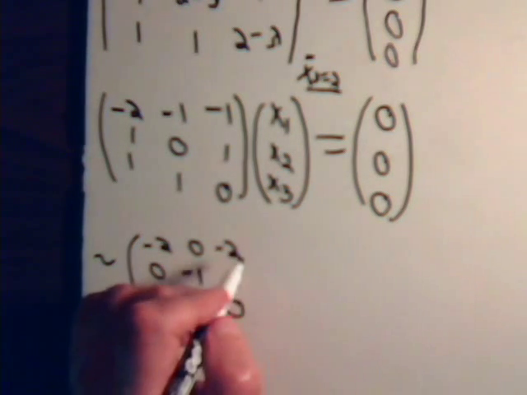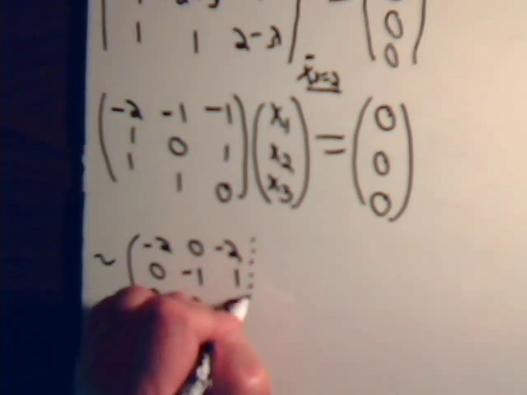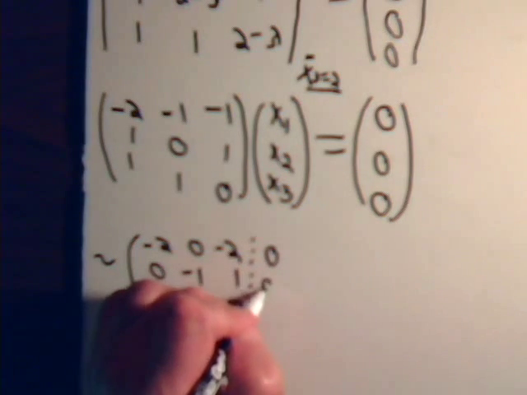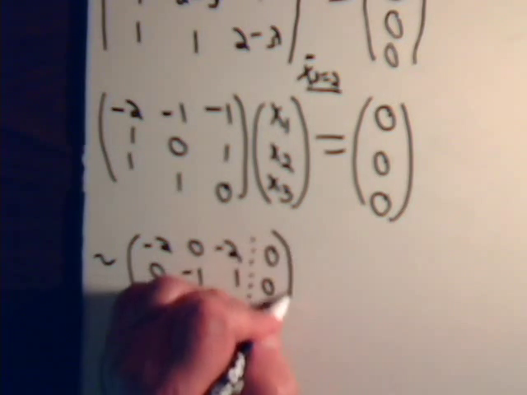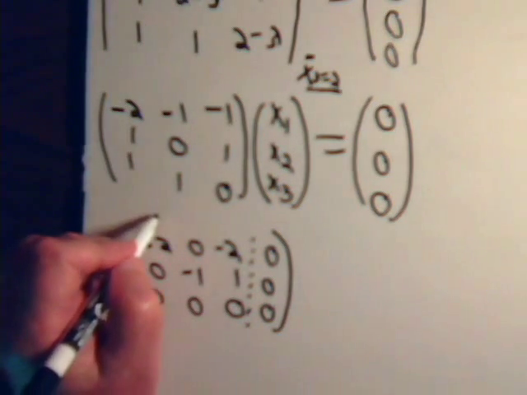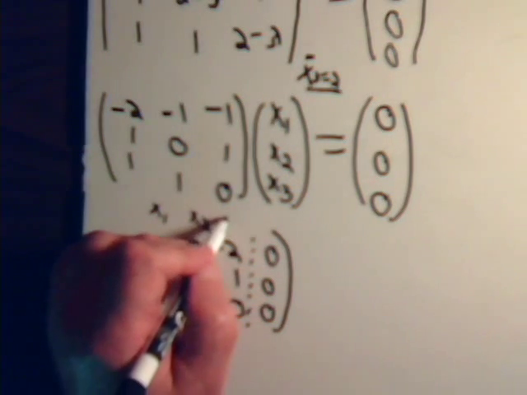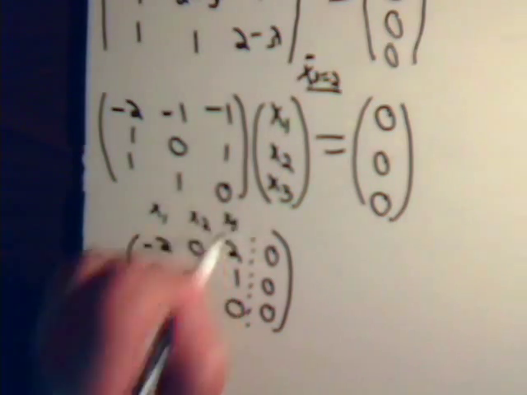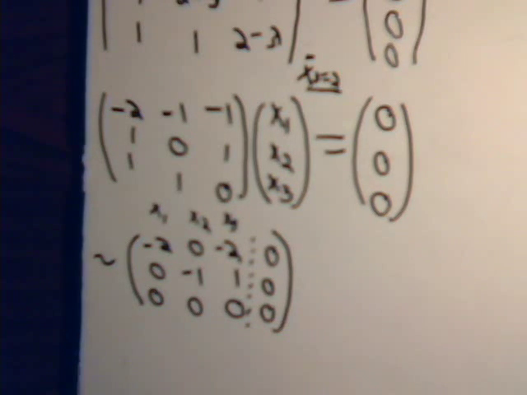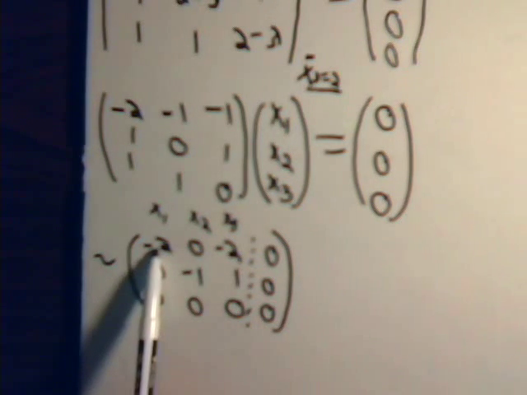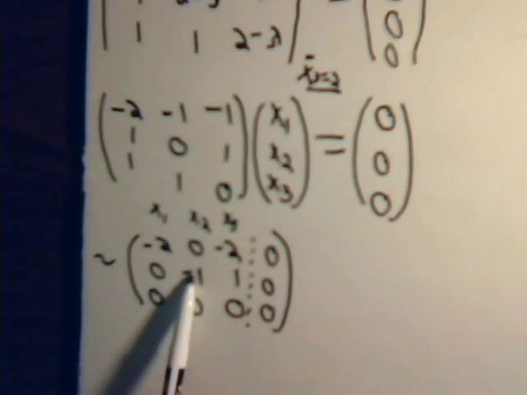And write the whole thing as an augmented matrix. It will look like this. Now look at what we have. Here's the x1 column. Here's the x2 column. Here's the x3 column. We see that x1 is a lead variable, x2 is a lead variable, leaving x3 as the free variable.